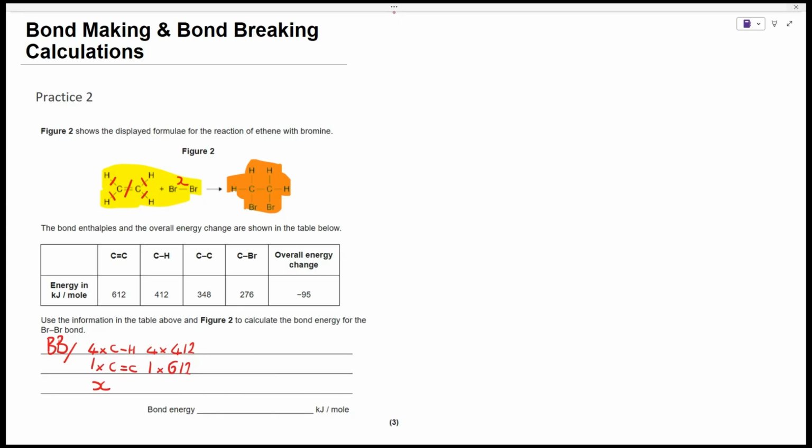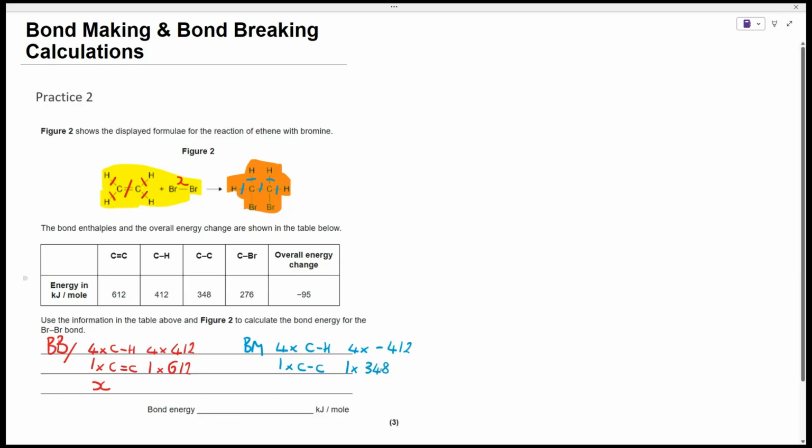Then we go to our bond making side, and all of these are negative. So C to Hs I've got 4 of. So it's 4 times C to H, which is 4 times minus 412. I've then got a carbon to carbon single bond, one of them, which is 1 times 348.